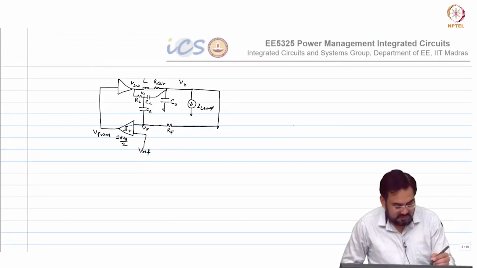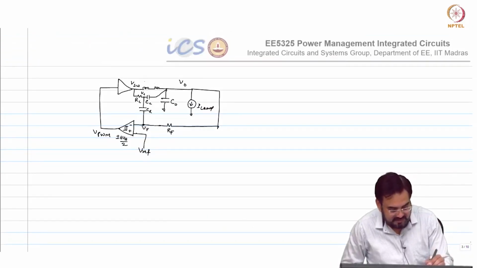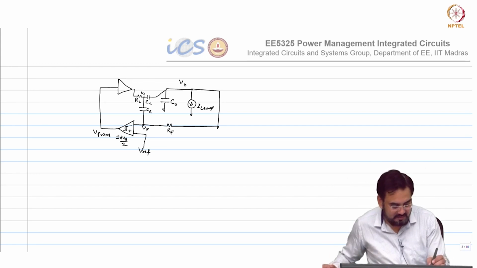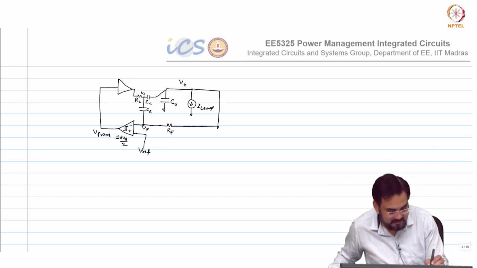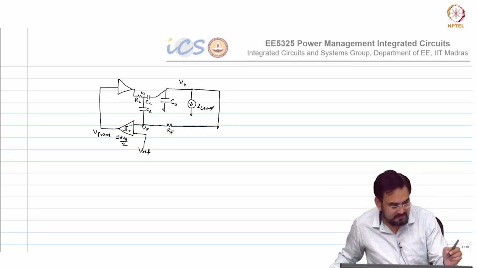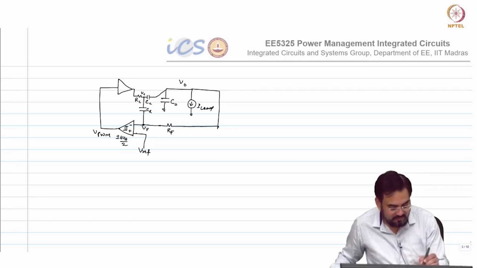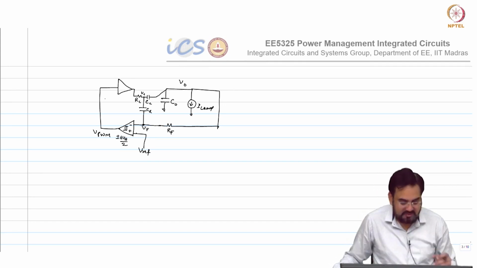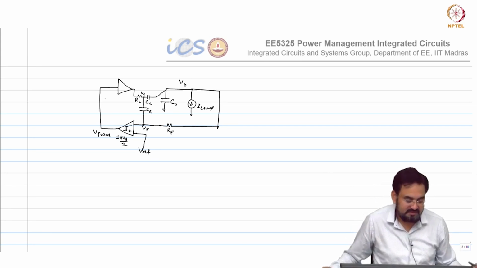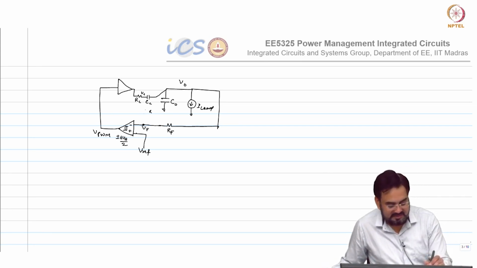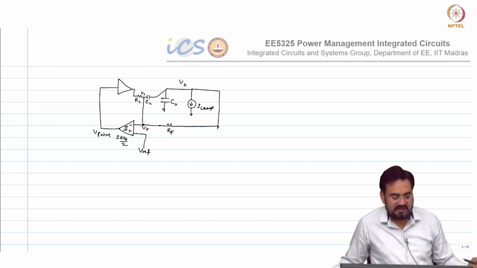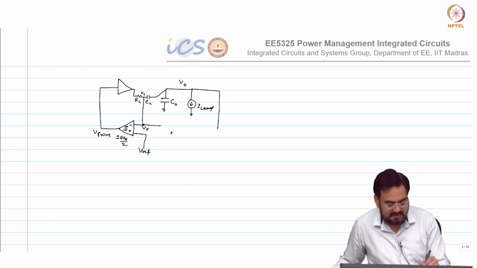Okay. So, if I remove this inductor, so in terms of this current loop, let us put this directly and remove this also.